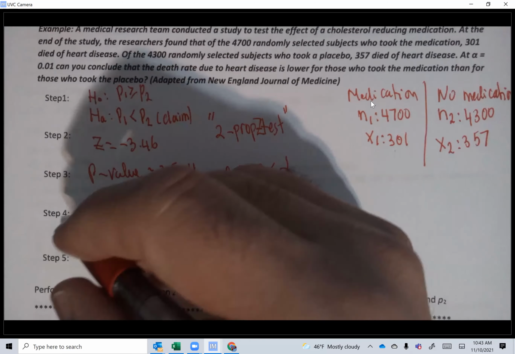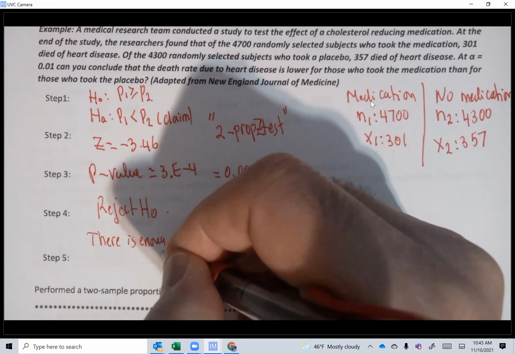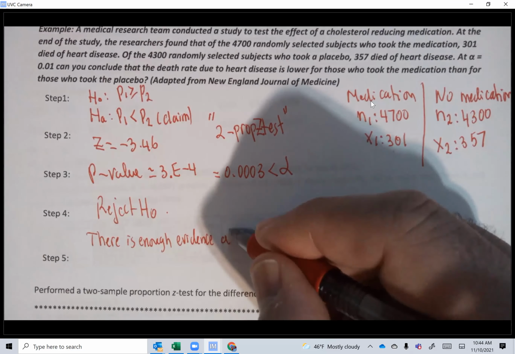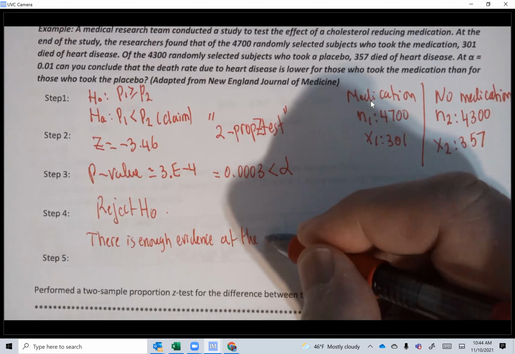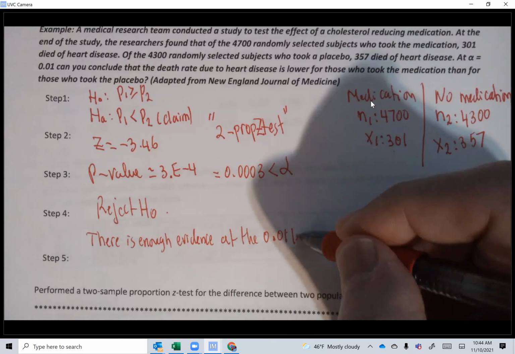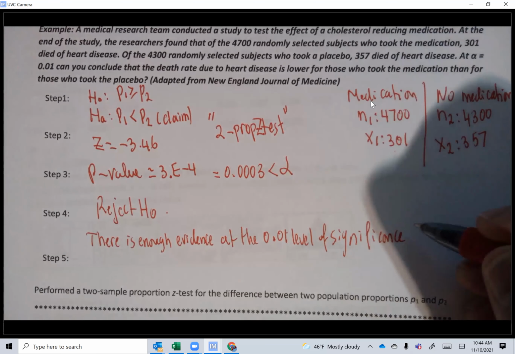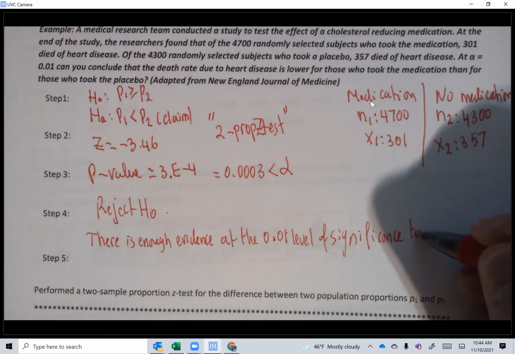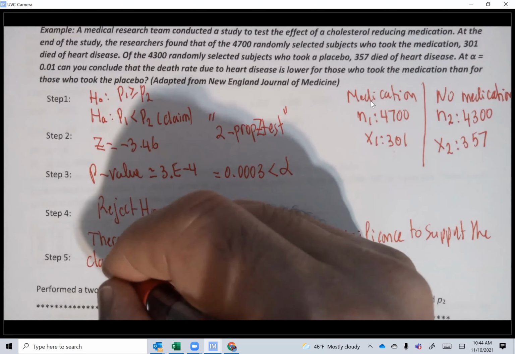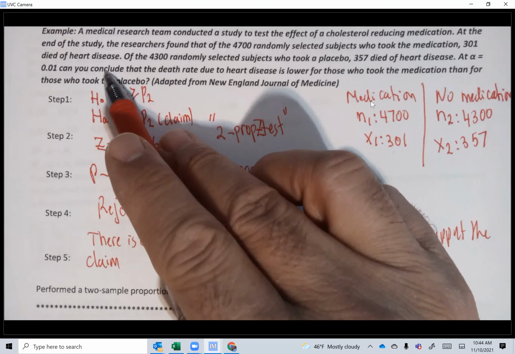What do you say? There is enough evidence at the 0.01 level of significance to support the claim. I could use the word conclude instead of support because it says, can you conclude?